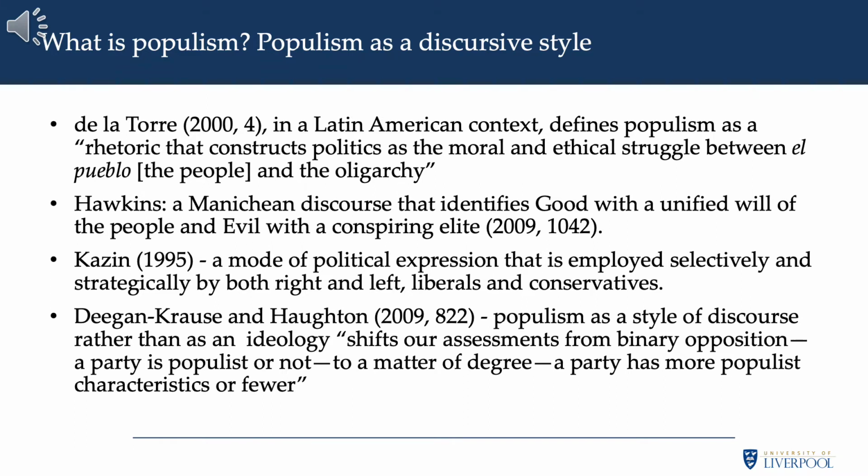Richard Hofstadter, in The Paranoid Style in American Politics in 1964, shed some light on the properties of populism as a political style. It's characterized by heated exaggeration, suspiciousness, and apocalyptic conspiratorial worldviews.